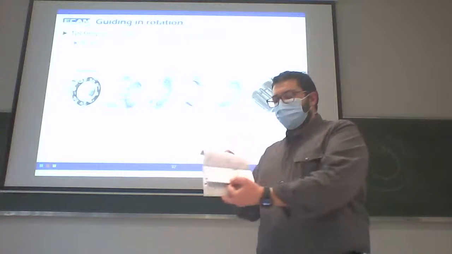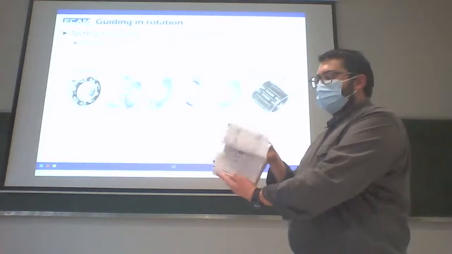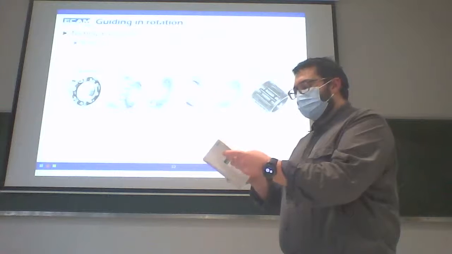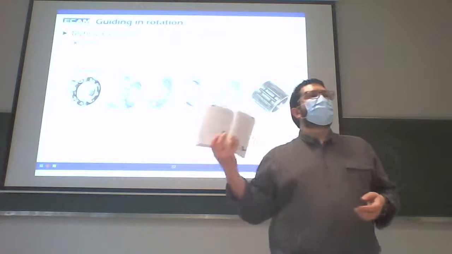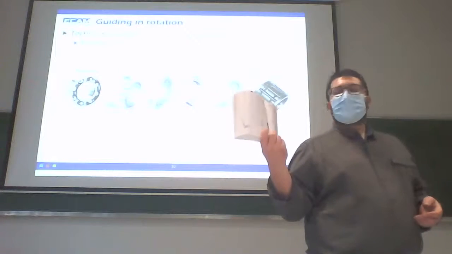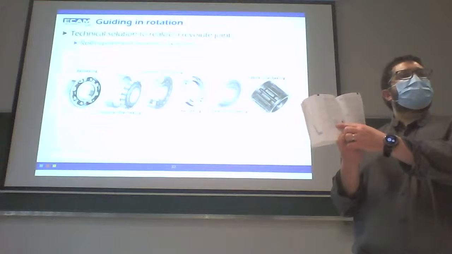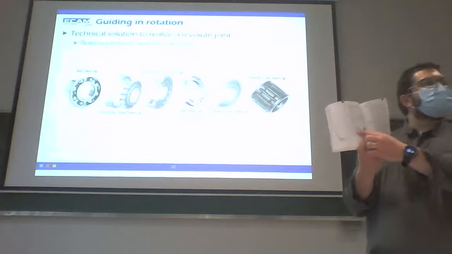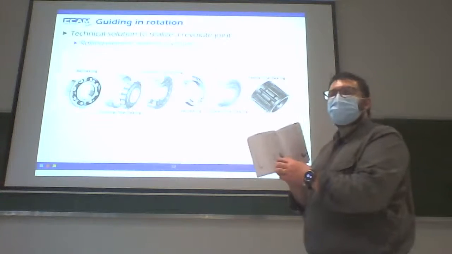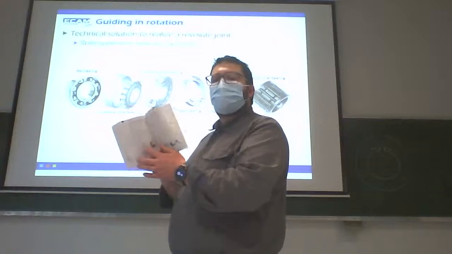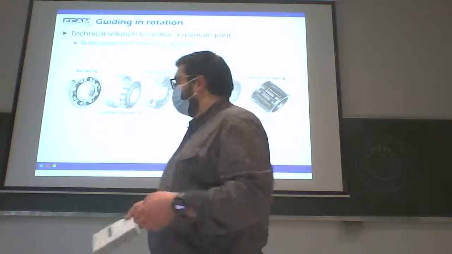I have an important number of pages on ball bearings. Everything is here. Important: inside the technical pocket guide, you have the normalized representation of each bearing. So look at this to be able to recognize them on a technical drawing.